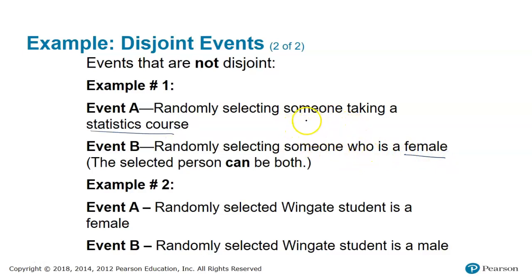So we can have an overlap of these two events here. For our second example of events that are not disjoint, we have a Wingate student that's selected as a female and a Wingate student that is a business major. So obviously these two can overlap also and therefore would not be disjoint.